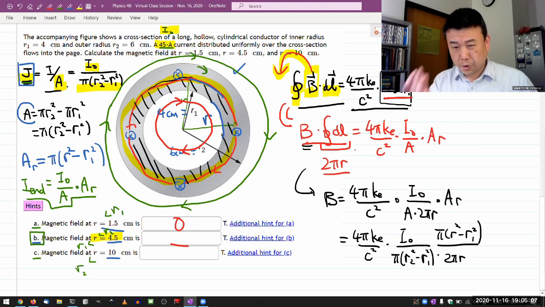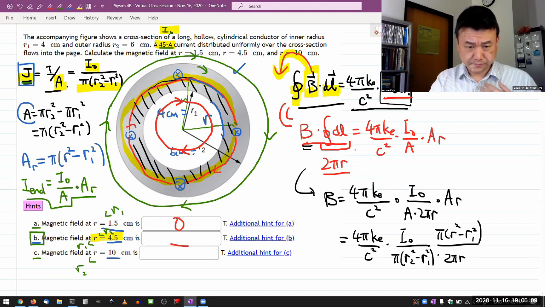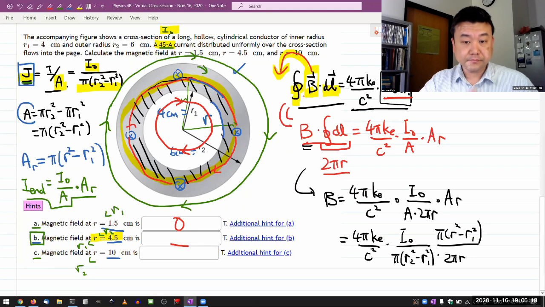It's not correct that whenever you enclose zero current, the magnetic field is necessarily zero. That's not the case. The only thing that's guaranteed is that this integral is zero. And for this setup, you can make the symmetry argument to pull out the magnetic field. And from here, the right-hand side being zero means the magnetic field is zero.